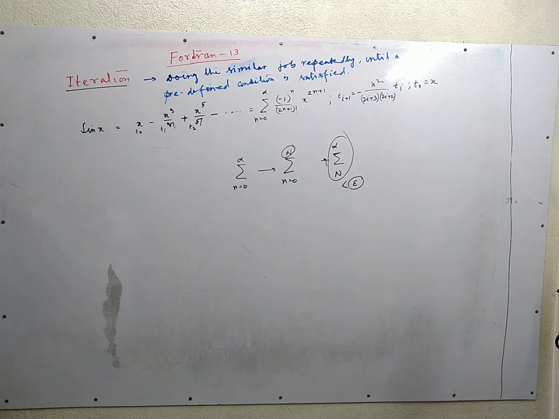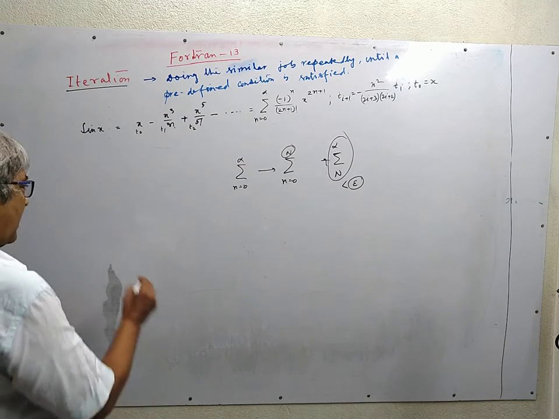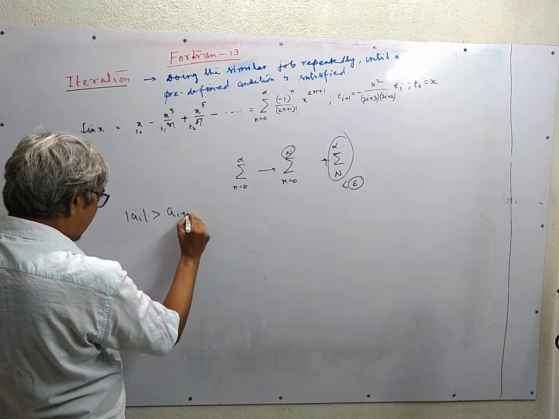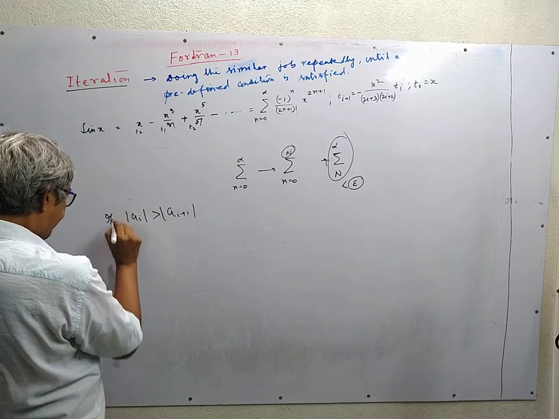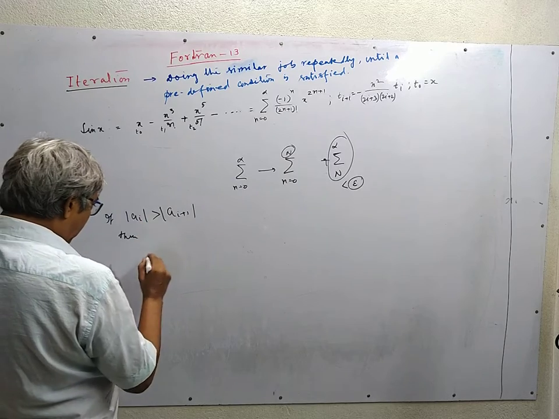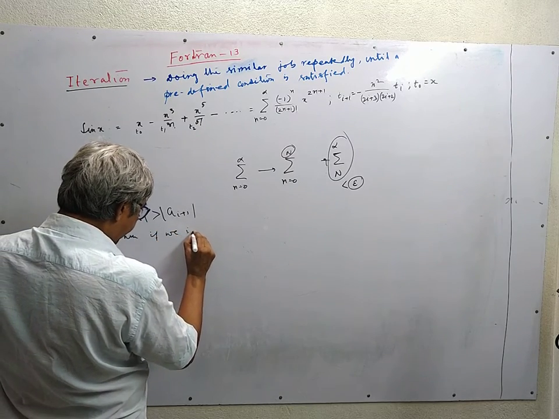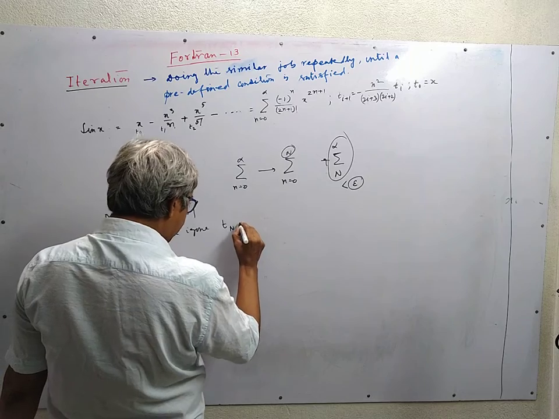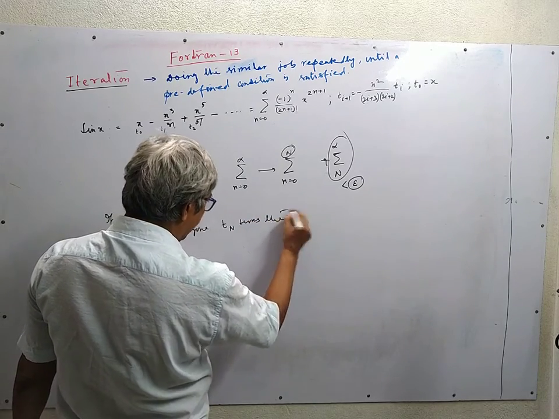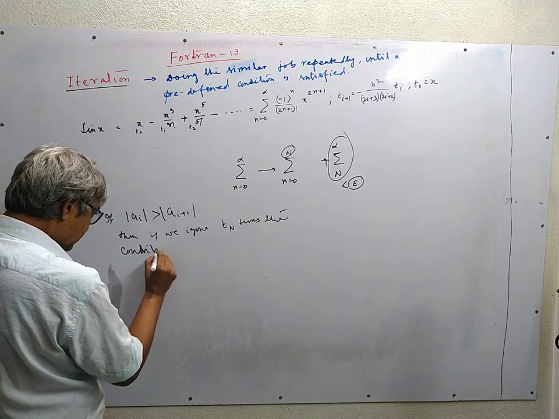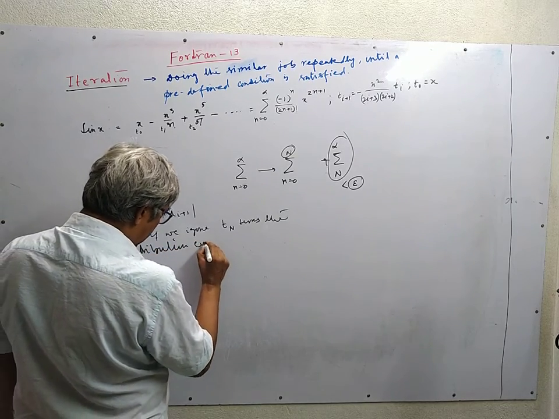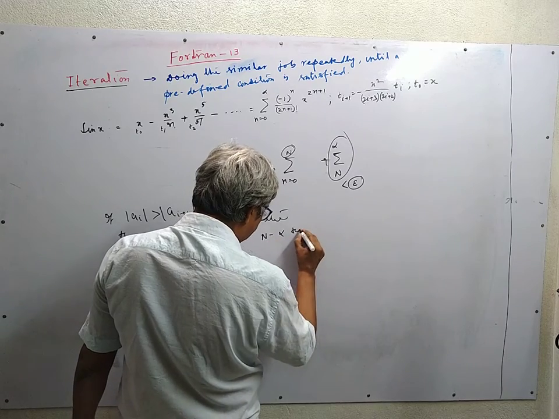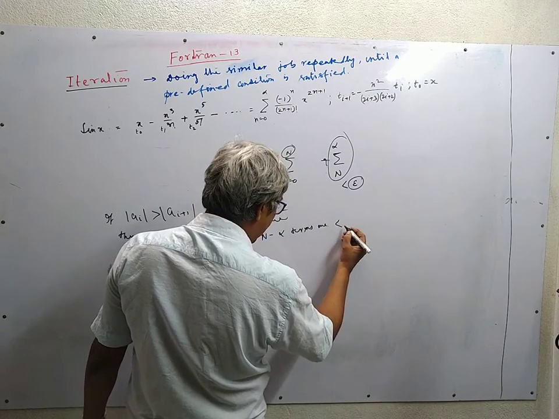In the case of an alternating series, if we have that ai is greater than ai plus 1, and if we ignore the tn term, then the contribution coming from n to infinite terms is less than Tn.